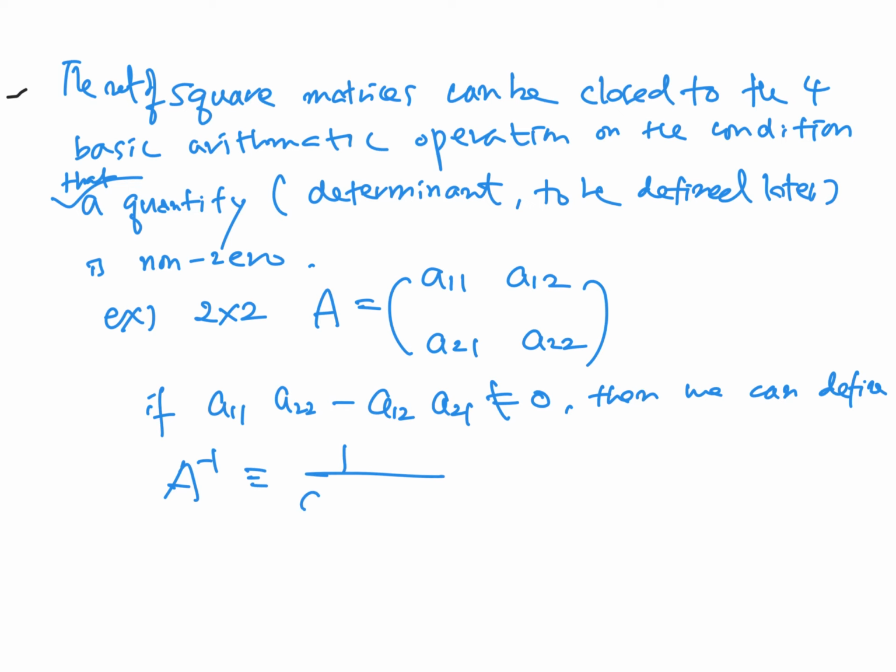Divide by A11 A22 minus A12 A21, times A22, minus A12, minus A21, A11. So inverse matrix can be like an operand for the division.